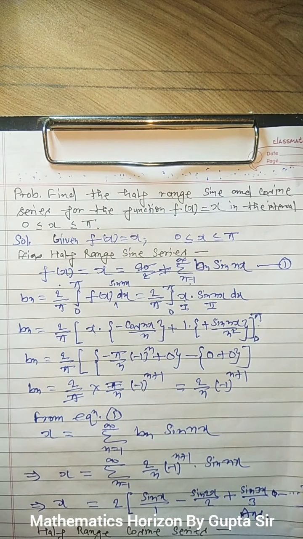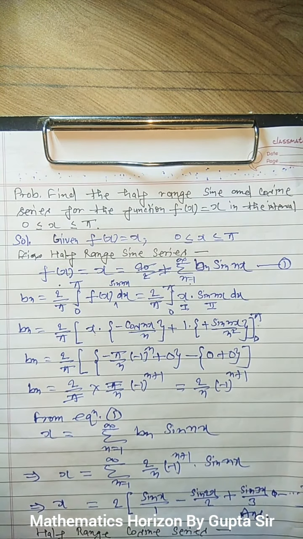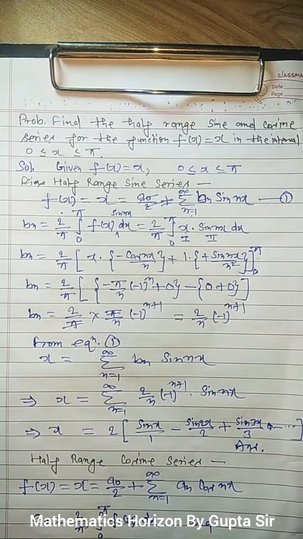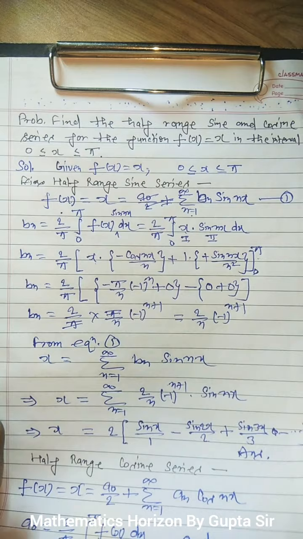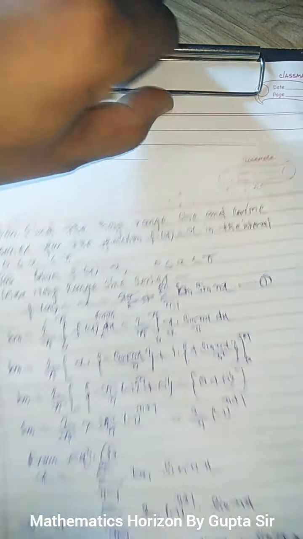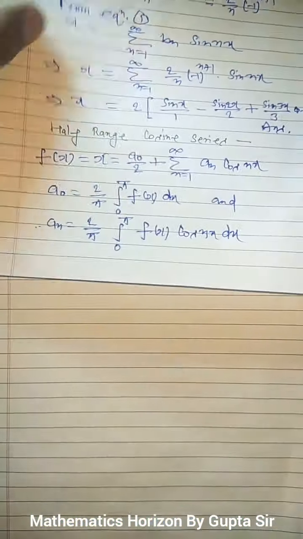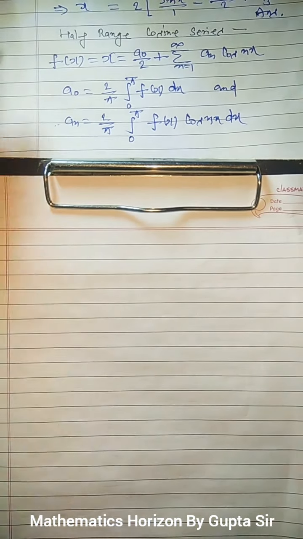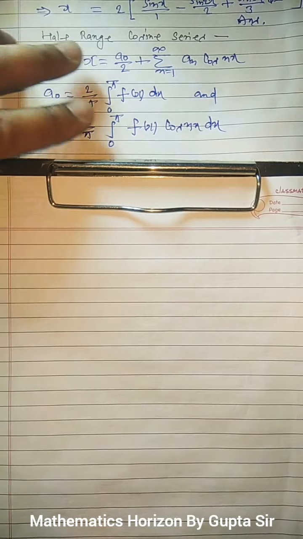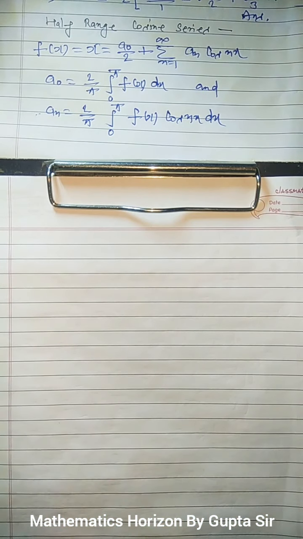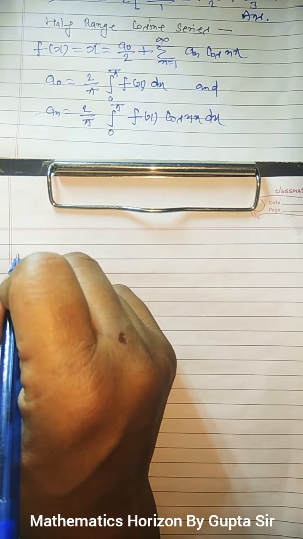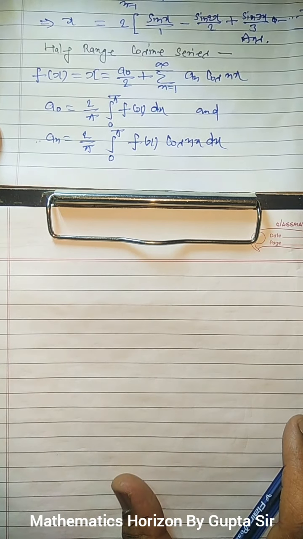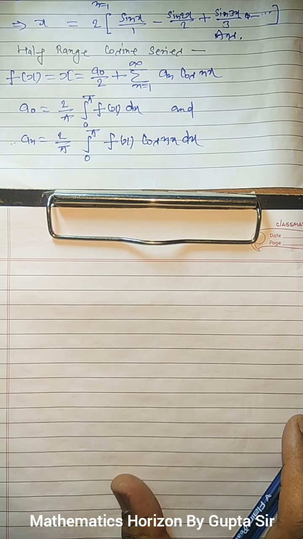Now one by one we calculate both the integration a0 and an. Now first we calculate a0. Okay.